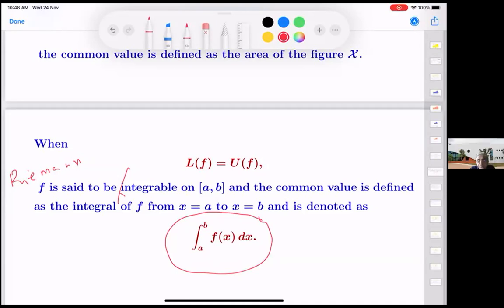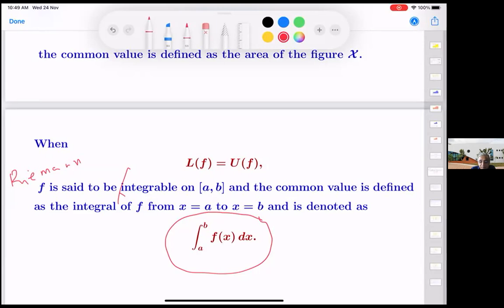Let's take the simplest case, f(x) equal to x. No matter what partition you take, the minimum will always be the lower end point and the supremum will be the upper end point, and there will always be a difference between L and U. So the hope of showing equality is only when you take supremums.